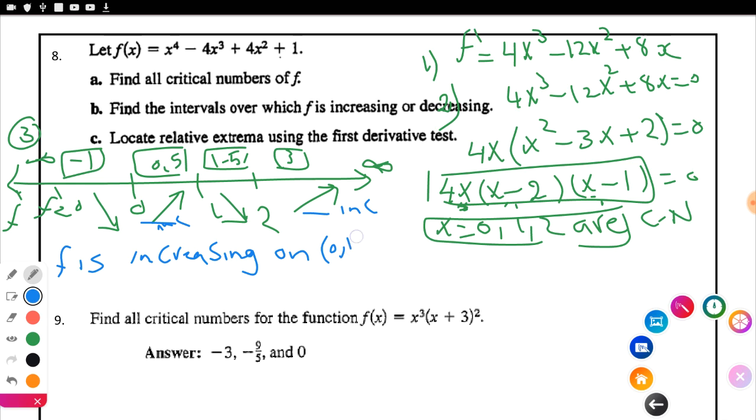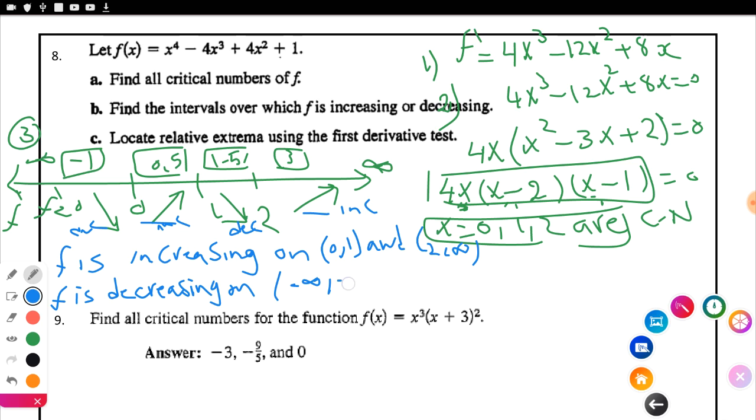Open interval 0 and 1, and the other interval is 2 and infinity. f is decreasing on which interval? Decreasing on negative infinity, 0, and the other one decreasing on the open interval 1 and 2. I think it's easy.